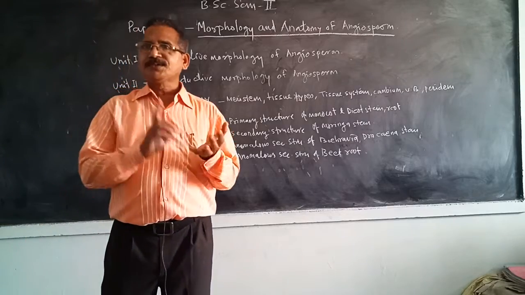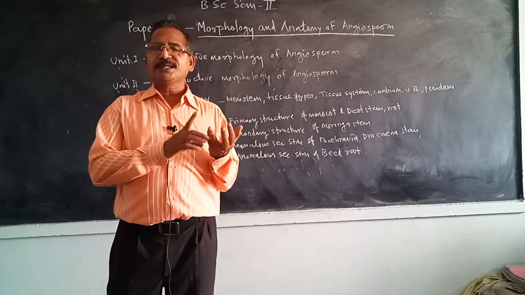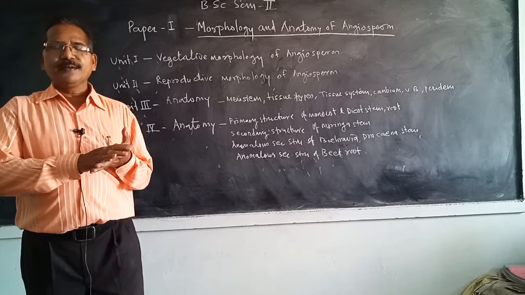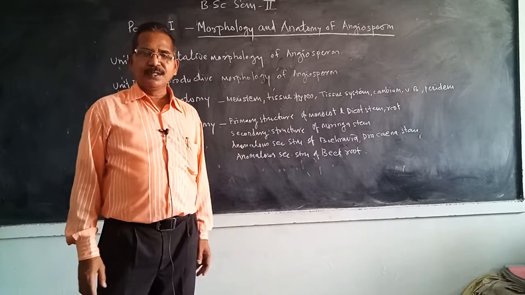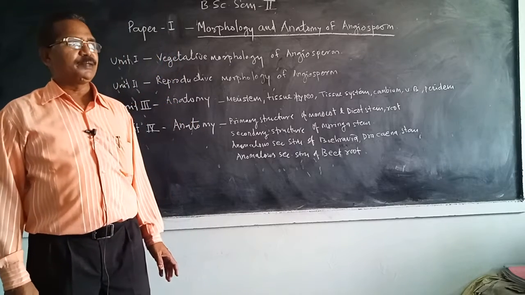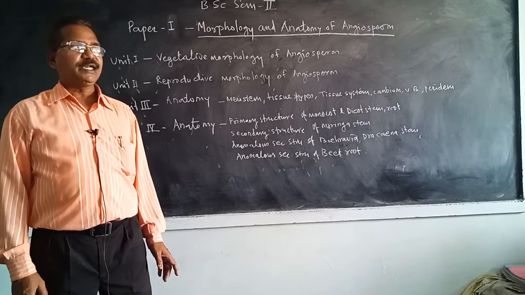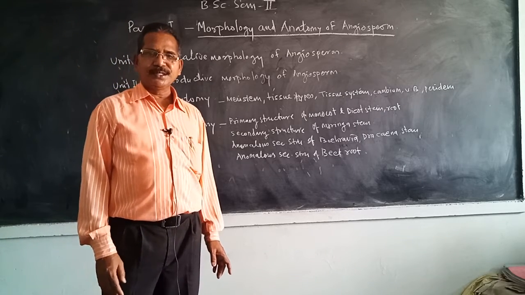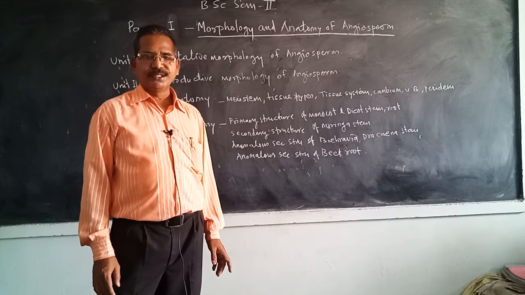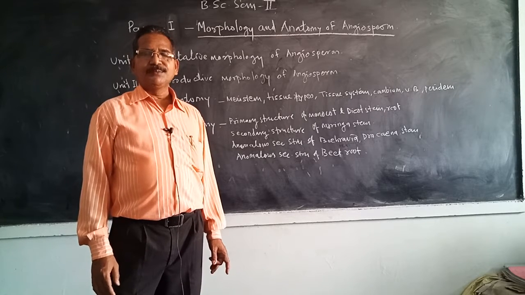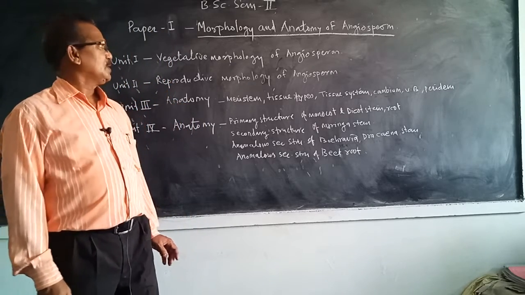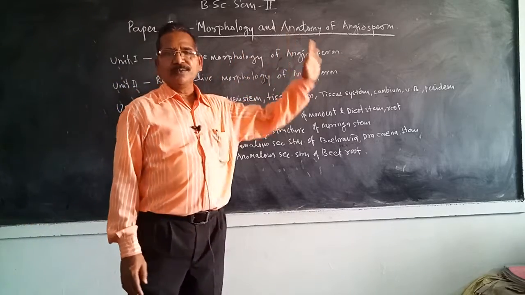Then the structure of stem, functions of stem, general characters of stem, then modification of stems, again branching pattern in stem, then leaves, types of leaves, simple leaf, compound leaf, then venation, reticulate venation and parallel venation, then arrangement of leaves, that is phyllotaxy, then leaf system, modification of stem, modification of leaf. This is included in the vegetative morphology of angiosperm.